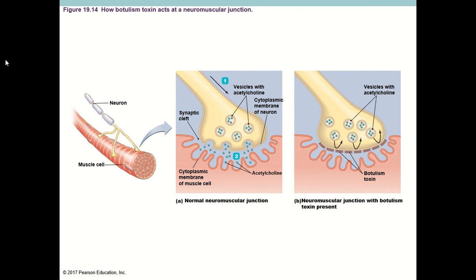So in diagnosing botulism, you would basically look for the symptoms. Symptoms are paralysis of skeletal muscle. Treating this would take antimicrobial drugs, antibiotics, and also neutralizing antibodies.